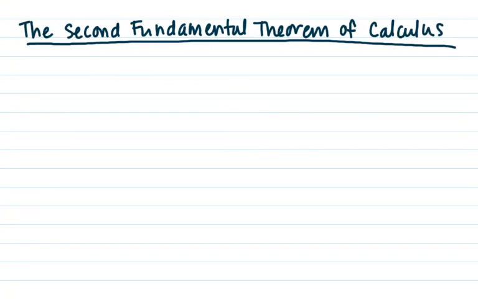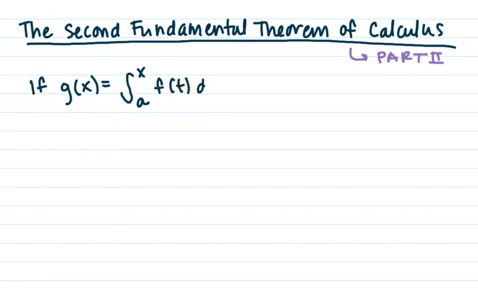Alright, so our second fundamental theorem of calculus, or if you want to call it part 2, again, it doesn't really matter to me, is going to state the following. And it says, if g of x is defined as an integral from some value to x of a function f of t dt, then the derivative of that function simply gives us the function we were taking the integral of back.